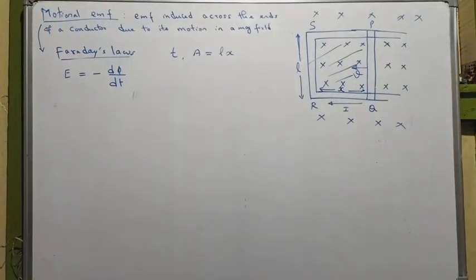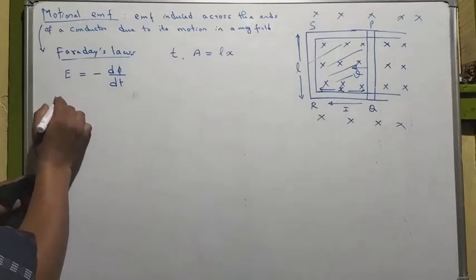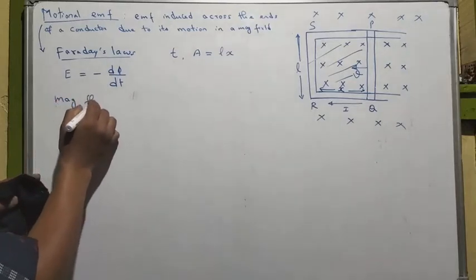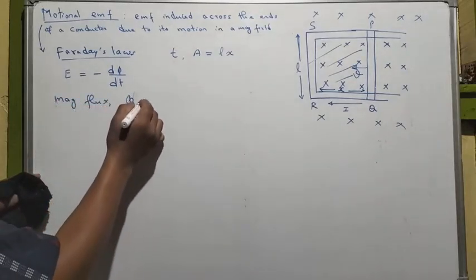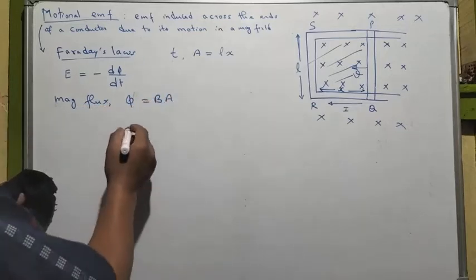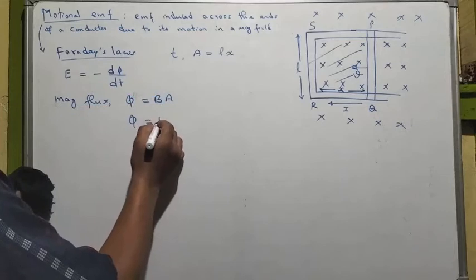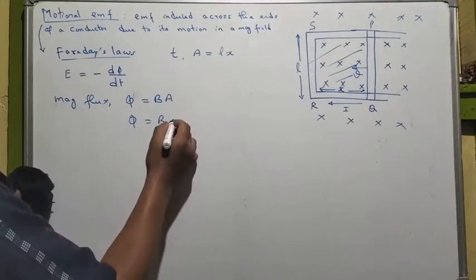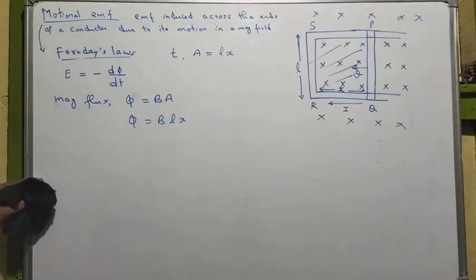So that is the area of the loop at the instant of time t. We defined magnetic flux as Φ = BA, or I can say Φ = B L x, instead of A.